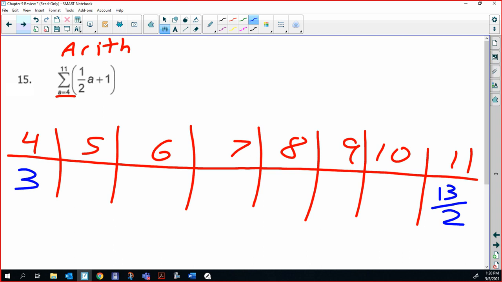That's all you really need, because then the formula for the sum is n divided by 2. From 4 through 11, that's 8 numbers. 1, 2, 3, 4, 5, 6, 7, 8 numbers.